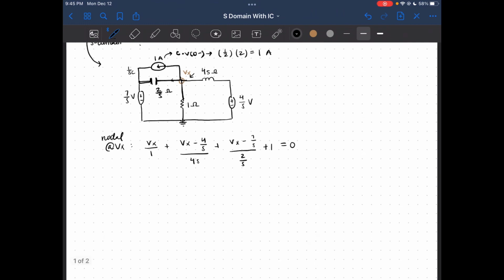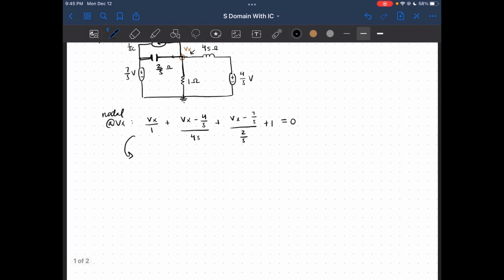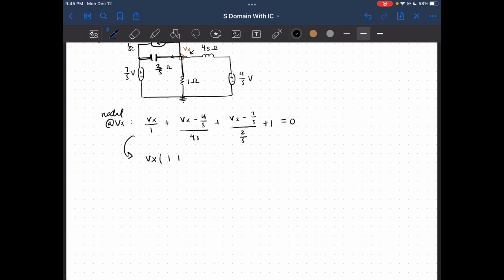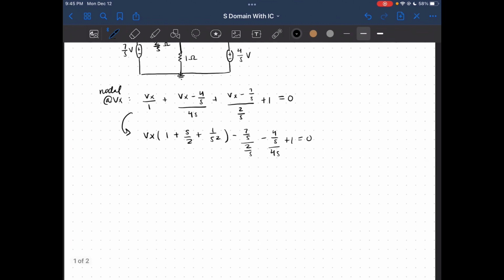Now we can go ahead and write this simpler, and we will get Vx of 1 plus S over 2 plus 1 over S squared minus 7 over S all over 2 over S minus 4 over S all over 4S plus 1 equals 0.